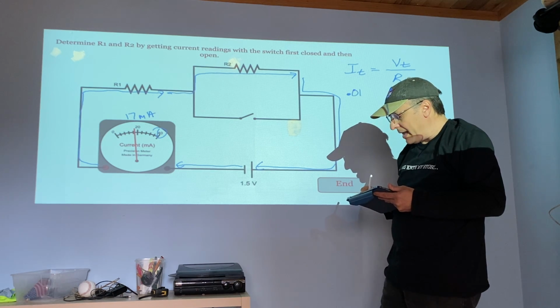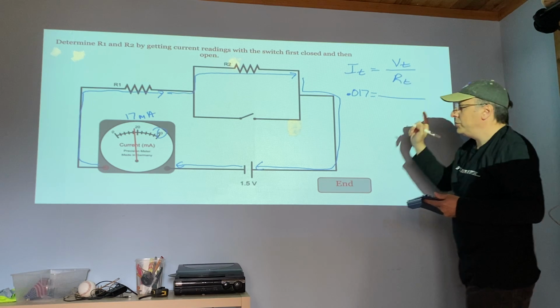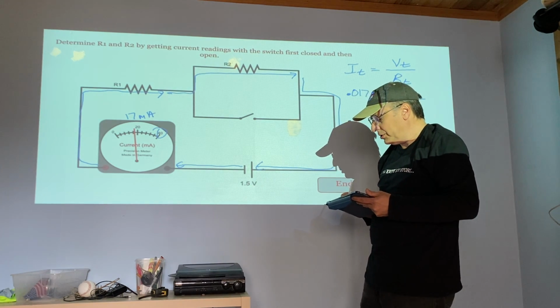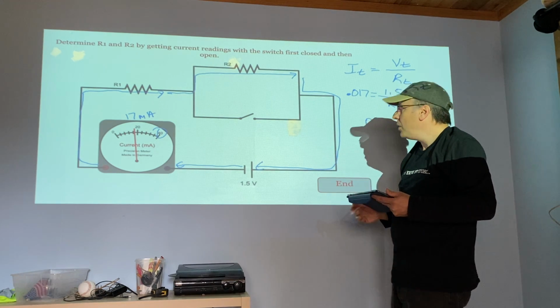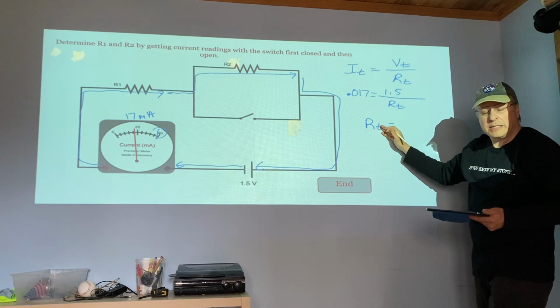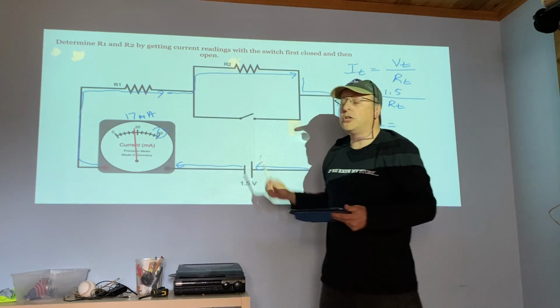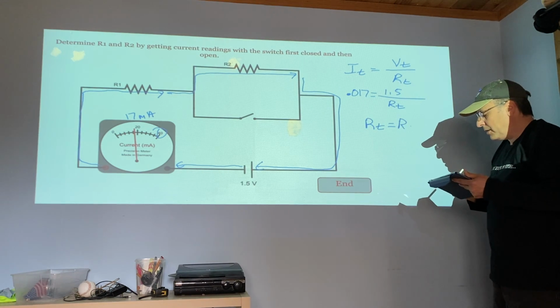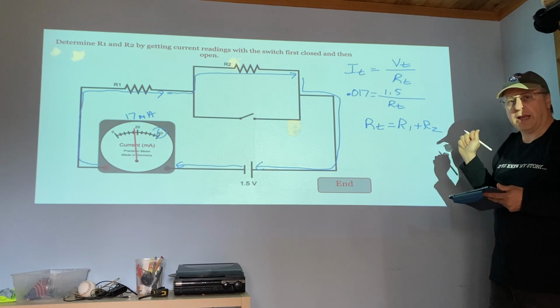We put that in as our current. Our voltage, we use the voltage of our battery because we're doing total voltage. And we solve for total resistance. When you get your total resistance, it does not tell you what R1 or R2 is. It tells you the total of those two. So it's helpful, but not perfectly helpful.